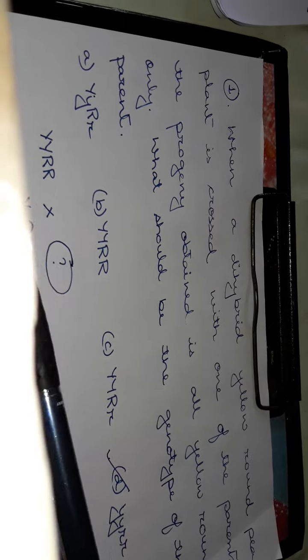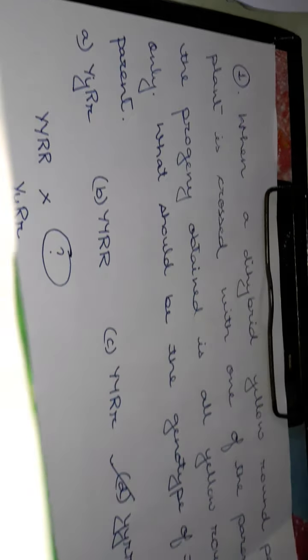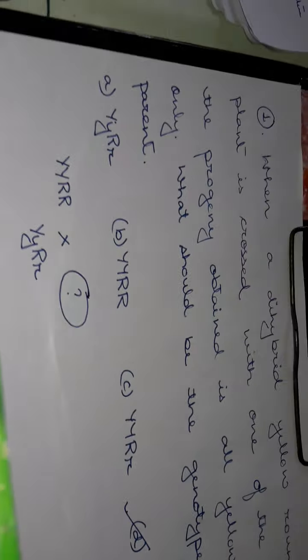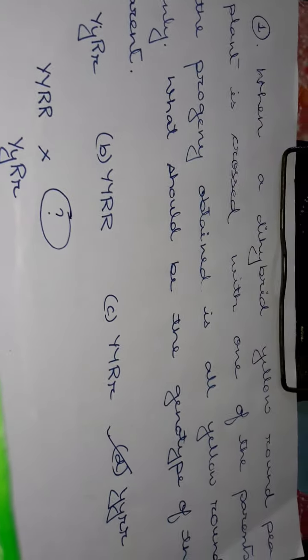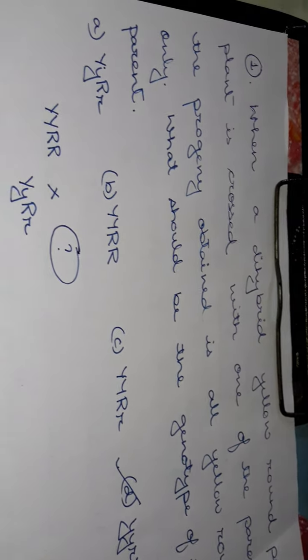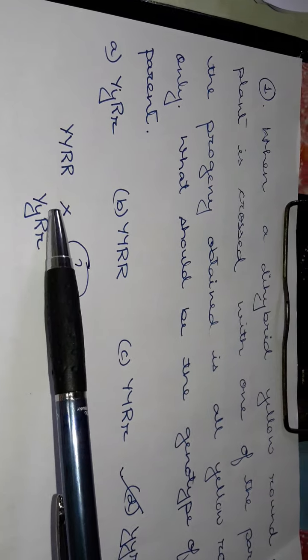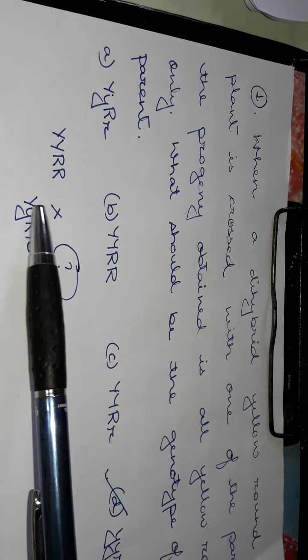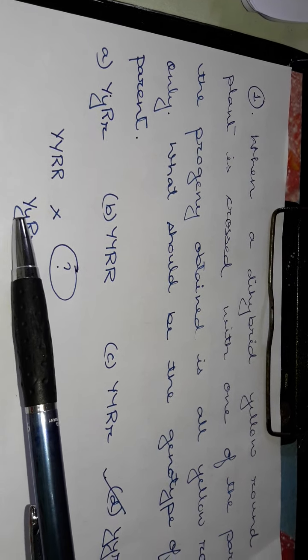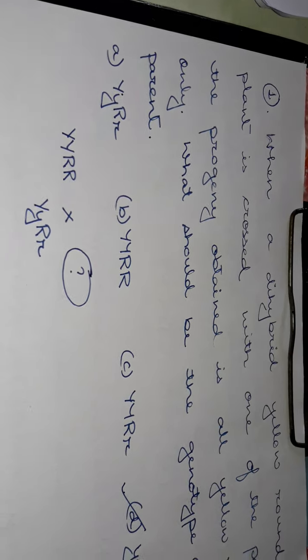So the genotype will be capital Y capital Y, capital R capital R. Got it? Then it is crossed with another parent. Now we don't know about the next parent. But the F1 hybrids have the phenotype yellow round. That means capital Y and capital R will have to be present there.